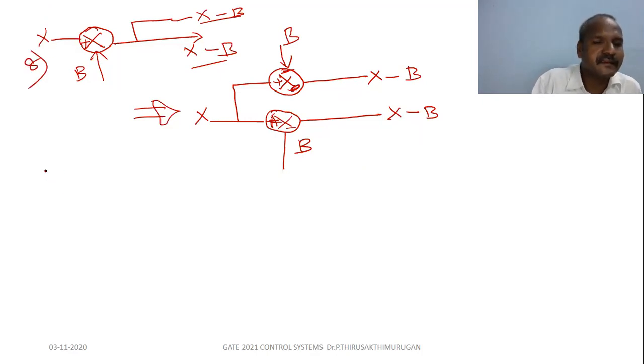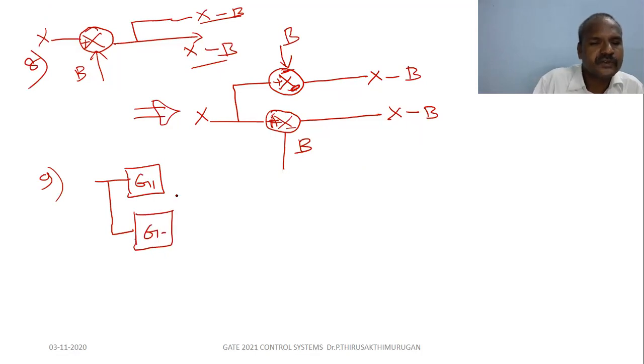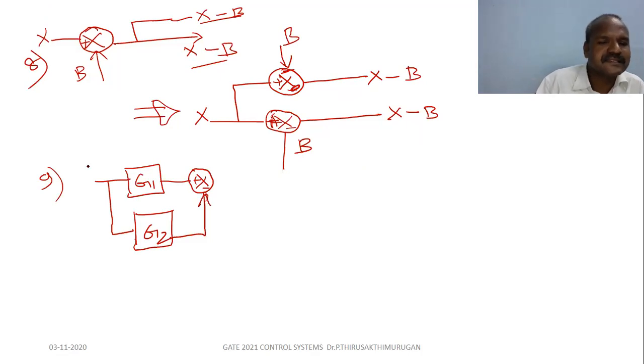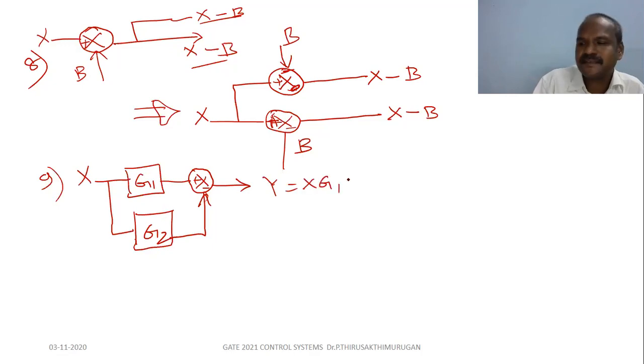Then the 9th technique, the 9th reduction. G1, G2, a simple adder. We already discussed this also. X. So what do you get? XG1, XG2. So Y equal to XG1 plus XG2. Okay.